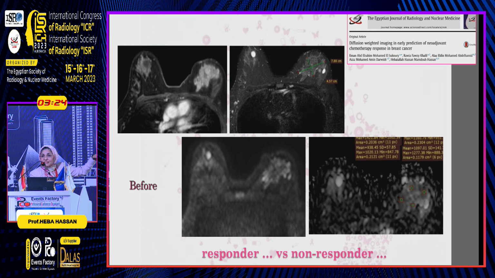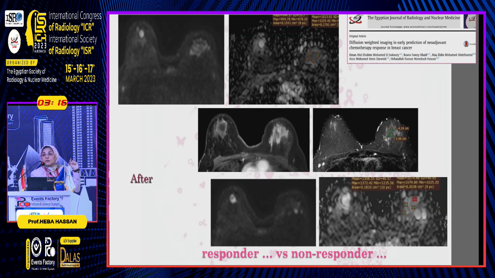As you can see in this case here, sizable infiltrative mass, diffusion restricted with very low ADC value. After the first cycle, there was no change in the size, of course. The ADC increased a little bit, but not more than 25%, and this made us anticipate that this tumor is actually a non-responder. And yes, at the end, there was still significant residual.